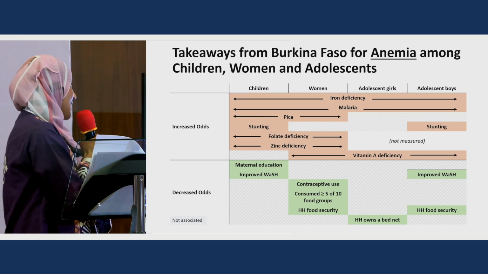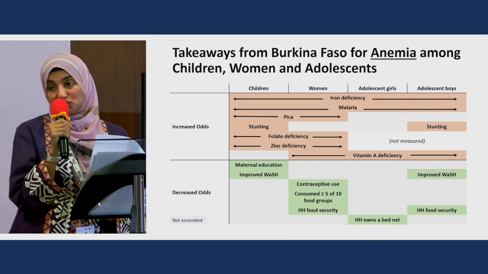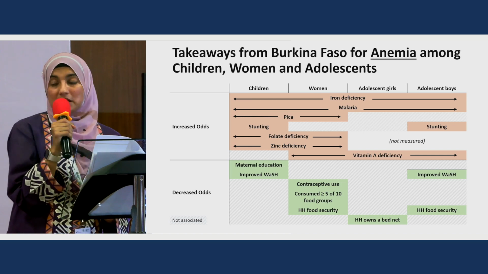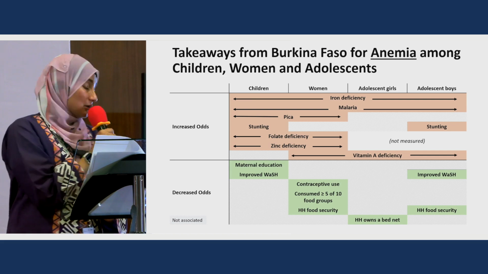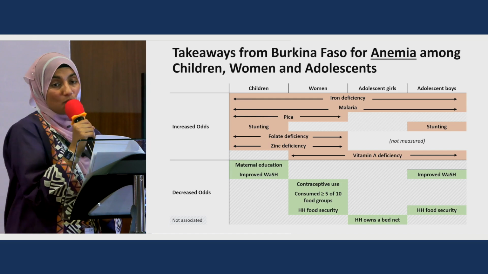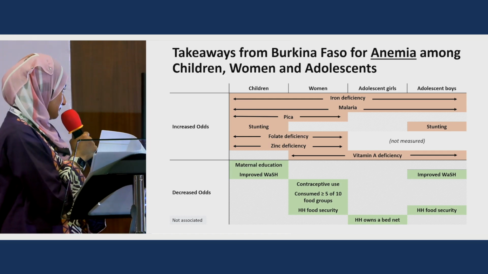Household access to improved water and or sanitation services was important for children and boys in being associated with lower disease, whereas for women, contraceptive use was significantly associated with less anemia.